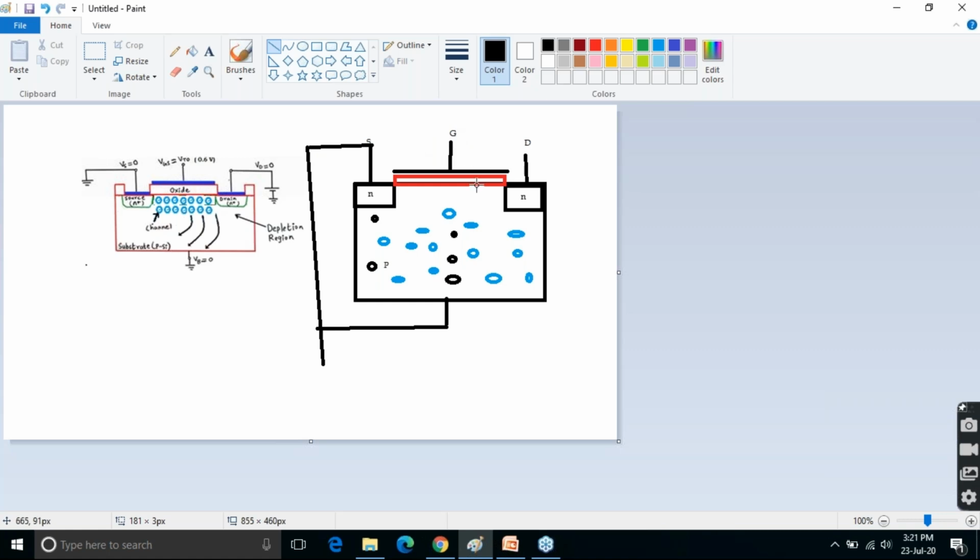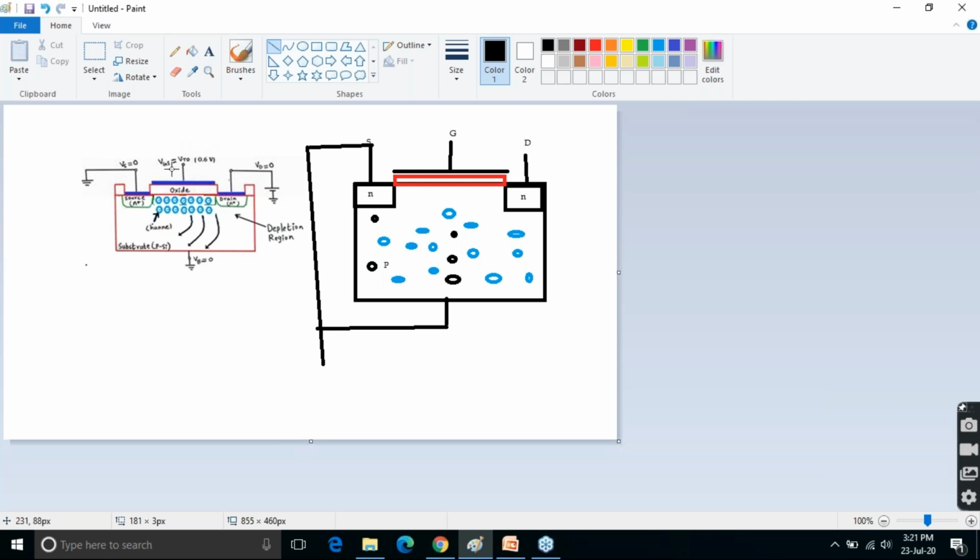Because of the positive charge, it will attract electrons inside the P substrate. The electrons present there will accumulate near the surface and holes will get repelled into the substrate. So there is a formation of an inversion layer. This is because of electrons attracted by the applied gate voltage, and that's why a channel is formed which was previously not present.